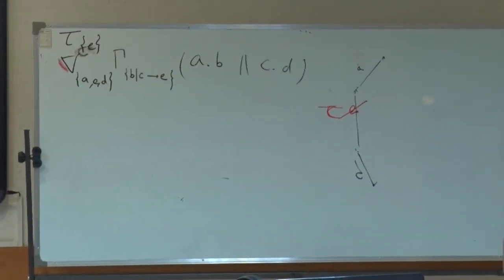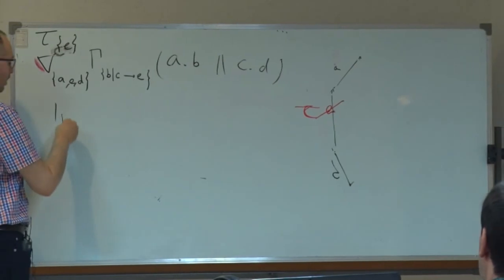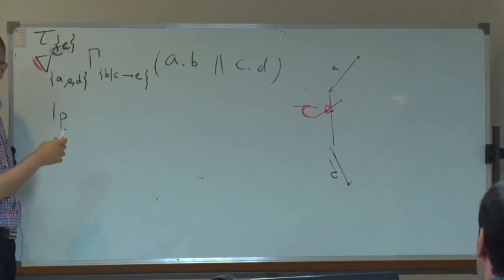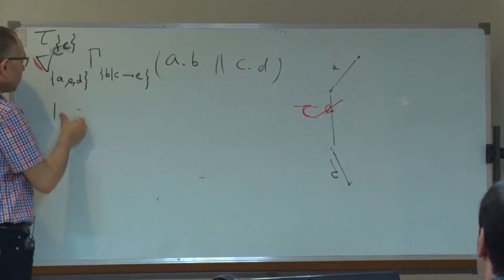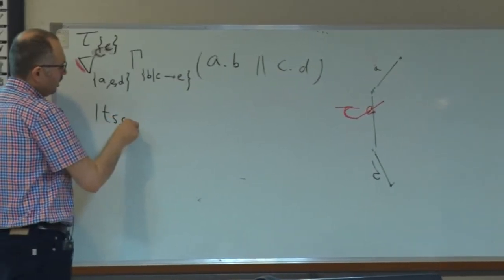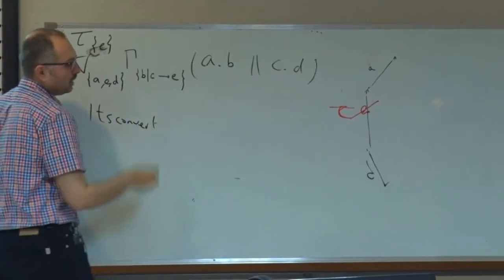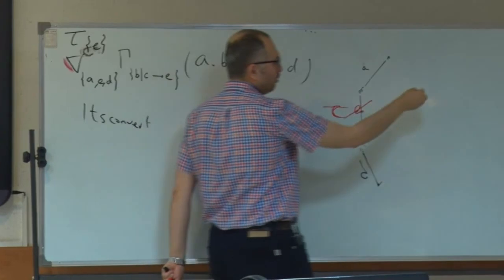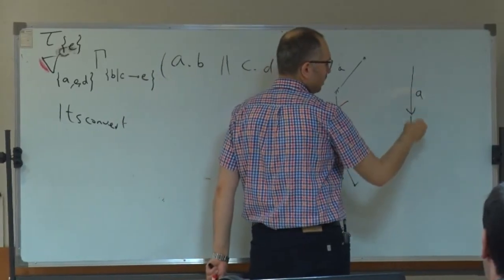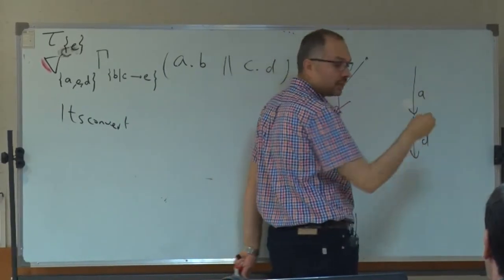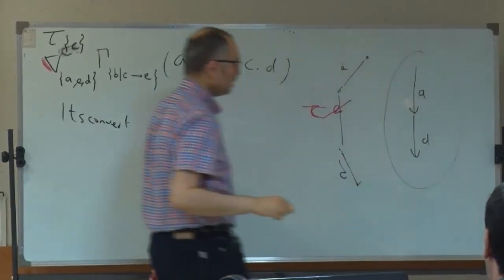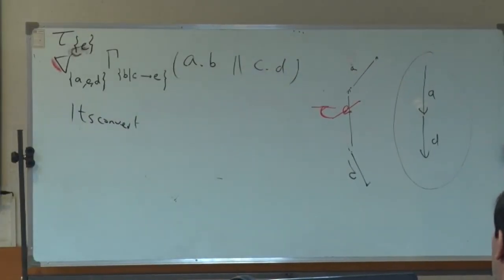But then you could use LTS convert in the toolset, to reduce this, to minimize this modulo branching bisimulation, and then you obtain exactly what you said, right? So you read an A, you write a D, basically. Is this clear? Good.